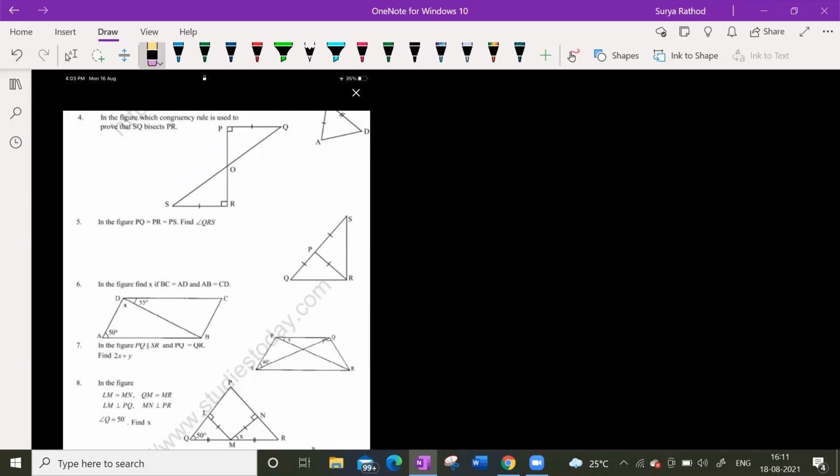Sir, SQ is a side and PR is a side, and the angle also. That is the right angle. Okay, SAS congruence. SQ is a side, PR is a side, and PR is an angle, a right angle. Fine, and SQ is a side.